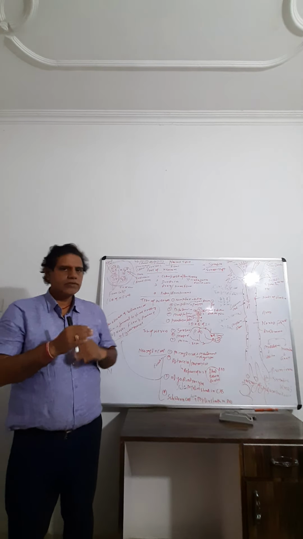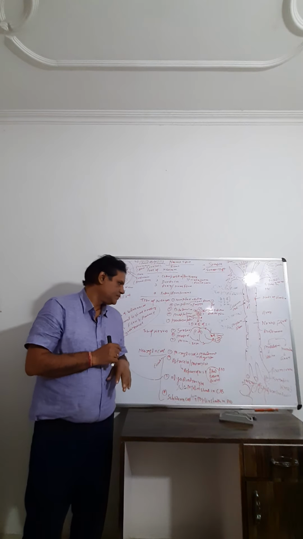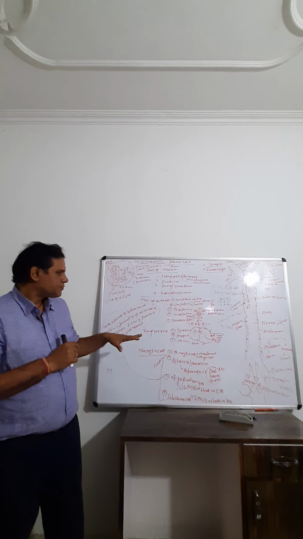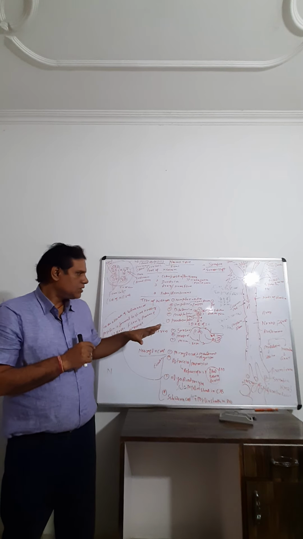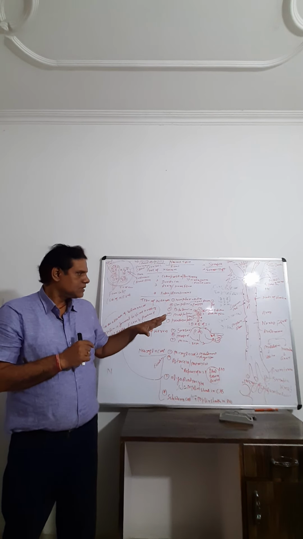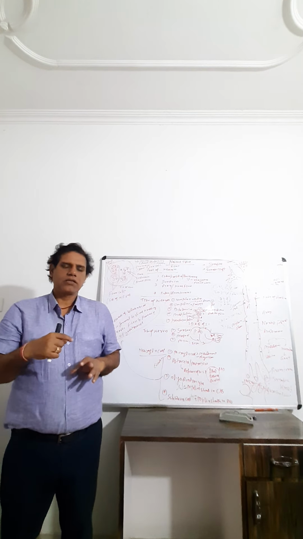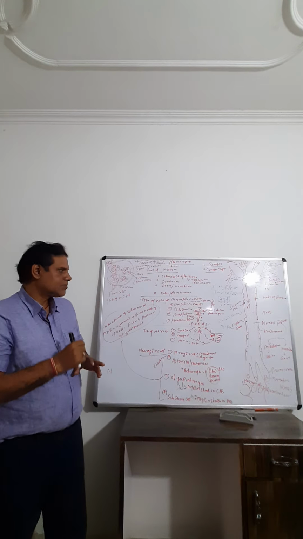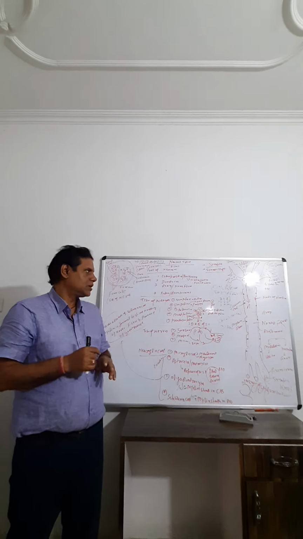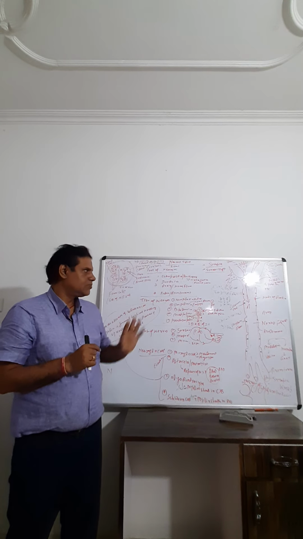But the spinal nerves are 31 pairs, all mixed. In human beings there are five types of spinal nerves: cervical, thoracic, lumbar, sacral and coccygeal. So spinal nerves total 31 pairs and cranial nerves total 12 pairs.